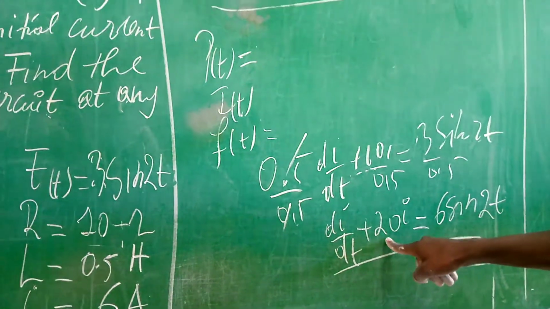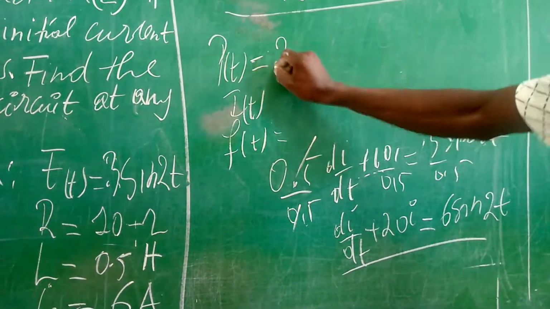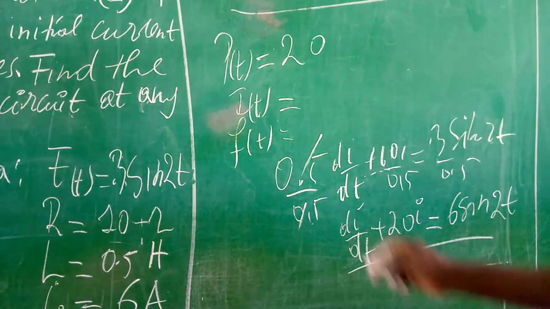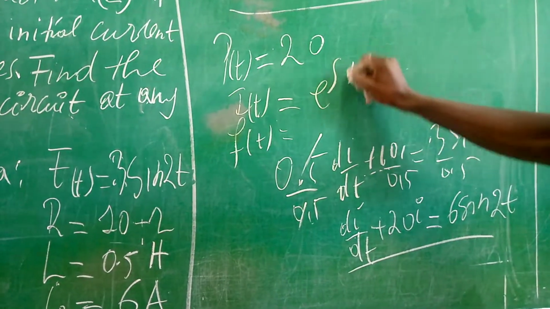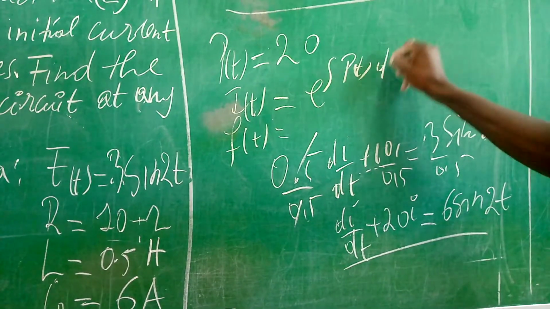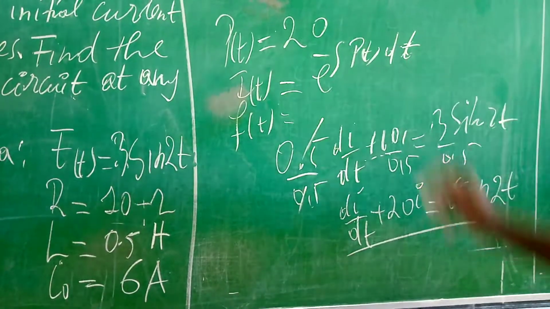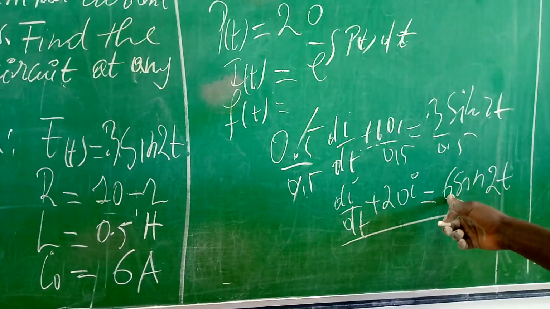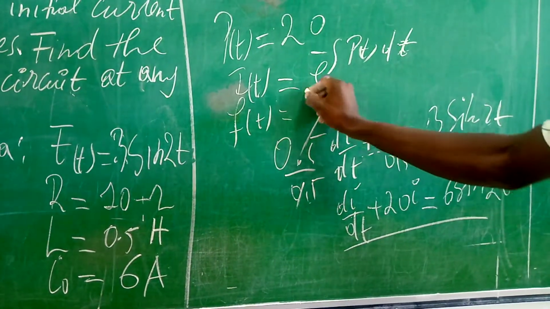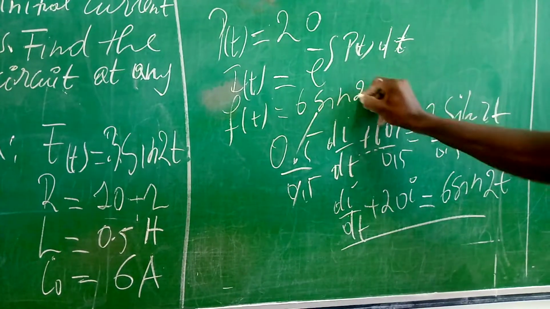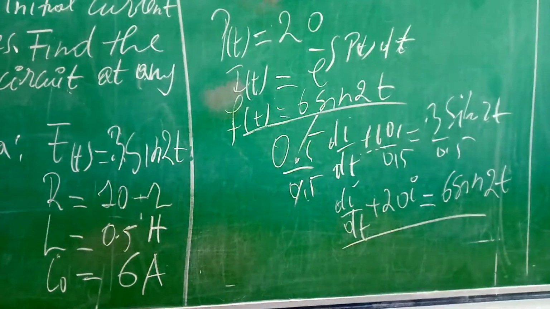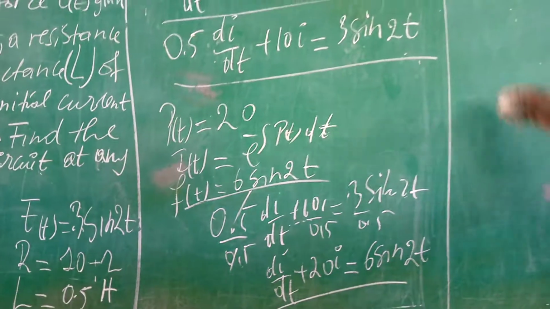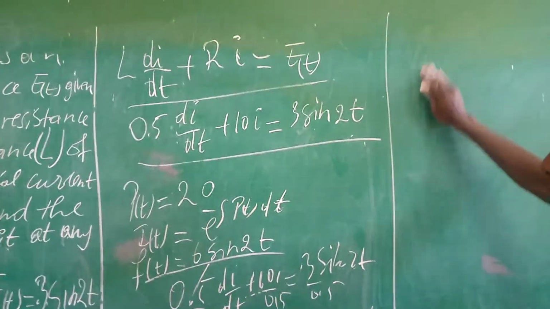So it means P(t) is equal to 20, and f(t) is equal to 6 sin 2t. Then we are going to use this in order to get the current I at any time.